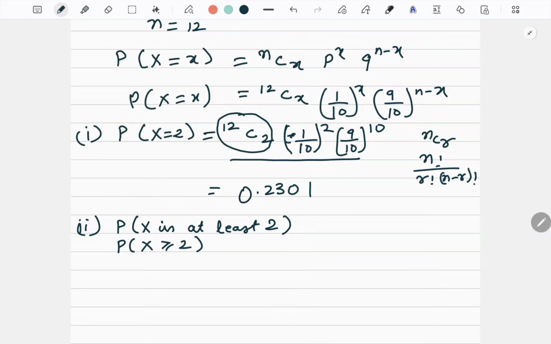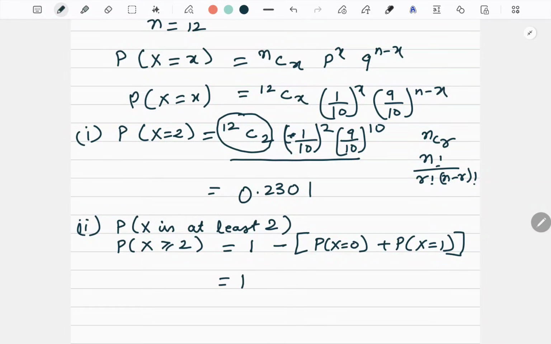So instead of writing the probability from 2 to 12, what should we think? What I don't want: 0, I don't want 1. So this probability can be written as 1 minus probability for x is equal to 0 plus probability for x is equal to 1. So what I don't want, that I will calculate and subtract from 1, as we know that the sum of the overall probability is always 1.